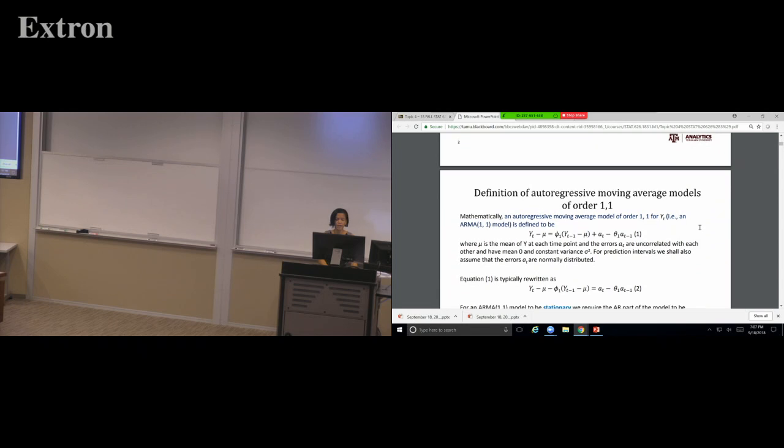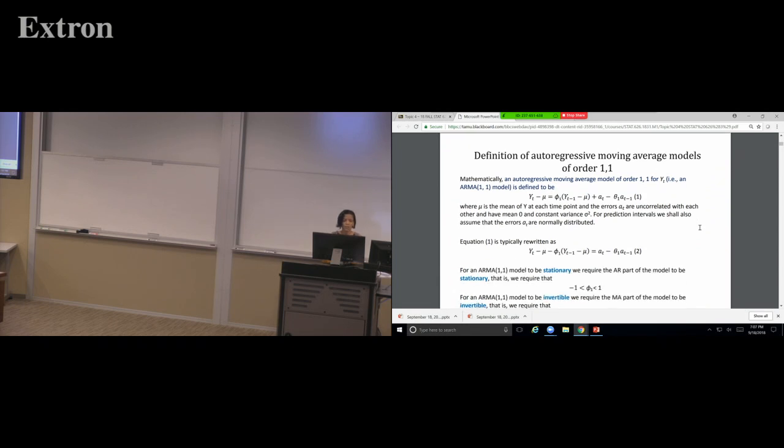And so putting them together, we come up with a mathematical formula for an autoregressive moving average model. We're going to start with the model of order 1-1. The first number stands for P, and the second number stands for Q. P comes from the autoregressive world. Q comes from the moving average.